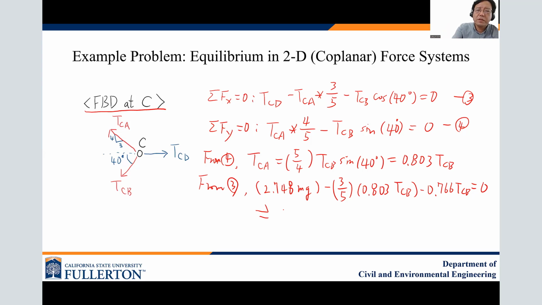Using this, 2.748 mg minus 1.248 TCB equals 0. So TCB equals 2.202 mg.